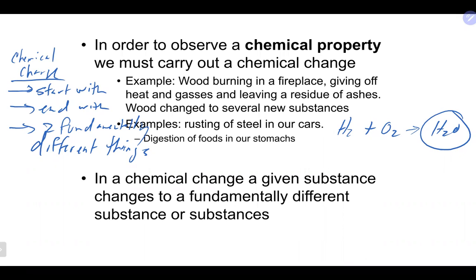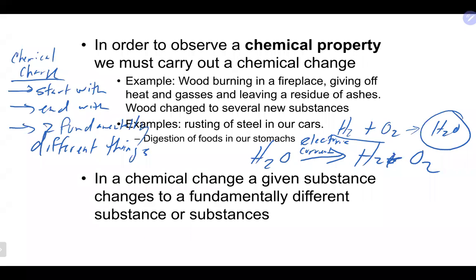In order to get them back, we would actually have to do another chemical reaction where we would run an electrical current through the water, and you could break apart the water into hydrogen gas and oxygen gas. We'll do it a little bit later on in a lab, I think, so you could actually see that. But you can't get back the original components by any type of physical means. You have to do a chemical reaction. So a chemical change is a chemical reaction.